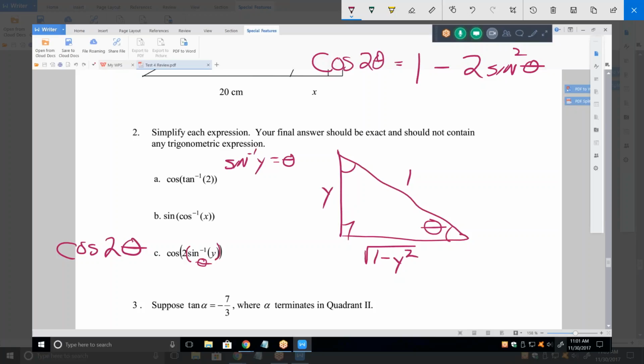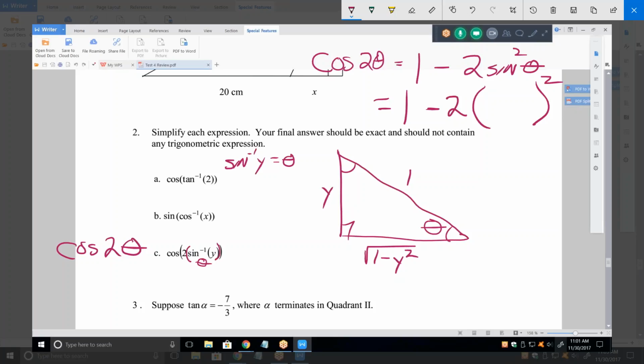Well, now we have a triangle to figure out what sine squared of theta is. So what is it? 1 minus 2 times, what is the sine of theta? And we're going to square it. What's the sine of theta?